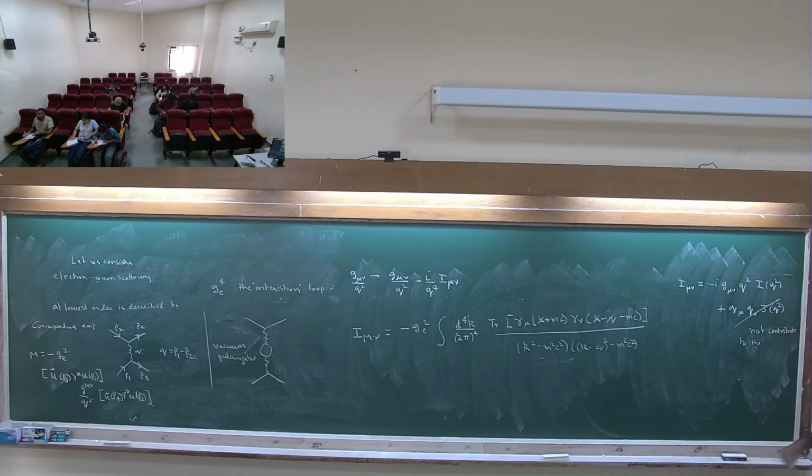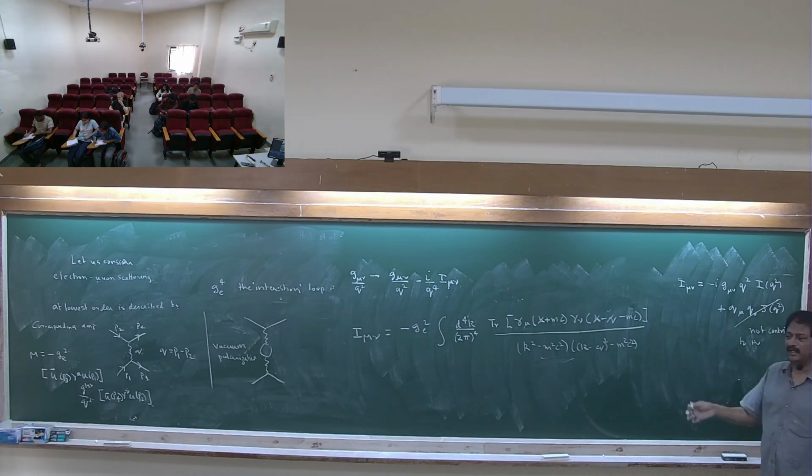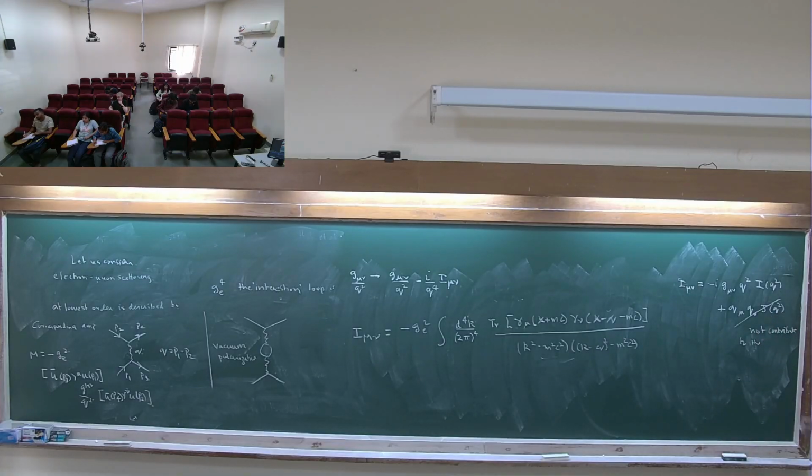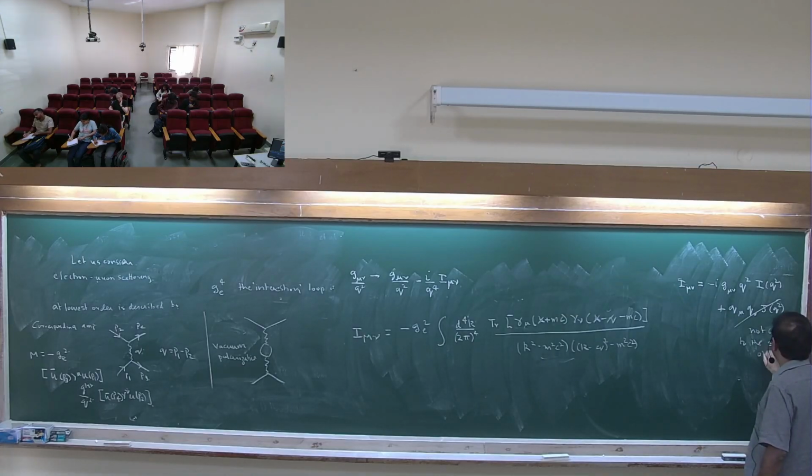This kind of thing is always done in your QFT courses. You must have calculated many processes where you always subtly use the Dirac equation to get rid of some terms, not contribute to the square of the matrix element. Because of Dirac equation.